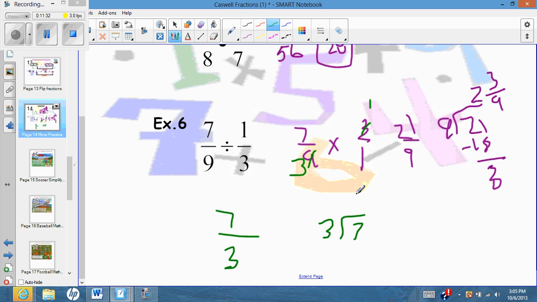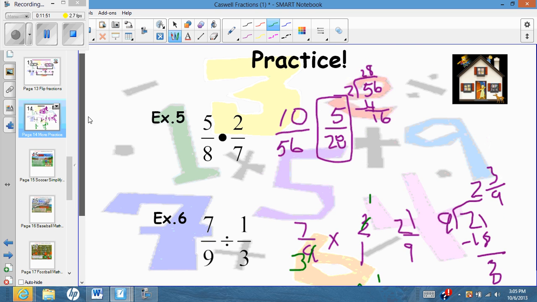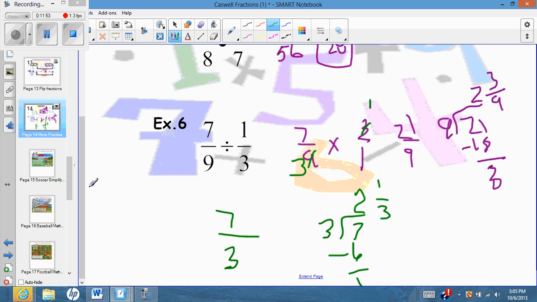It goes in there twice, which gives me 2 1/3. So as you can see, we came up with the same answer, but we had smaller numbers. So the diagonal cross canceling does work, but I don't want you to stress out about that until you understand this concept, or until you've gotten this concept down.